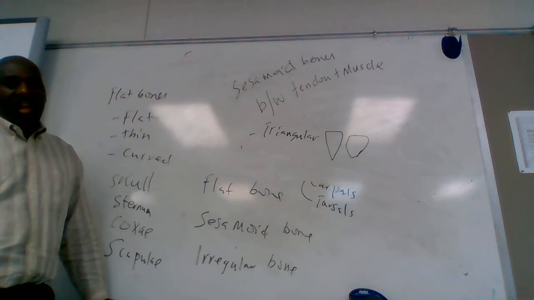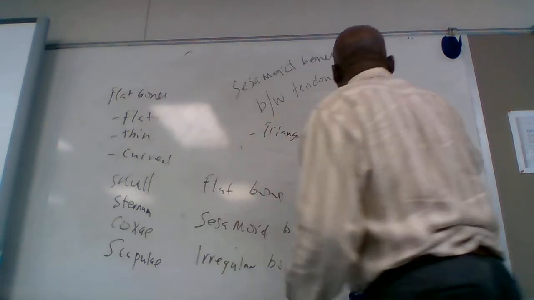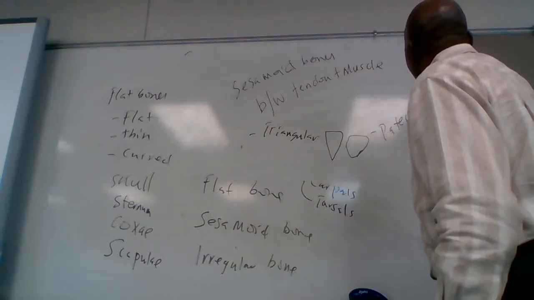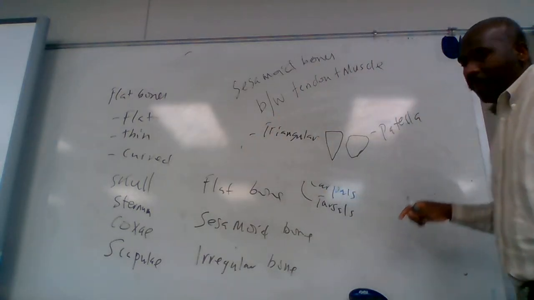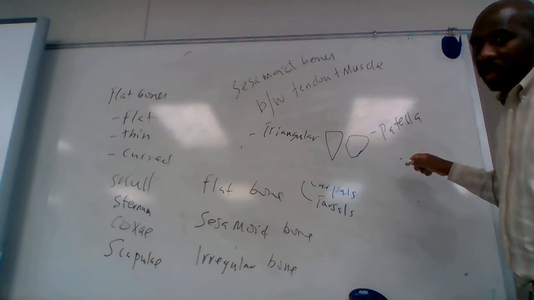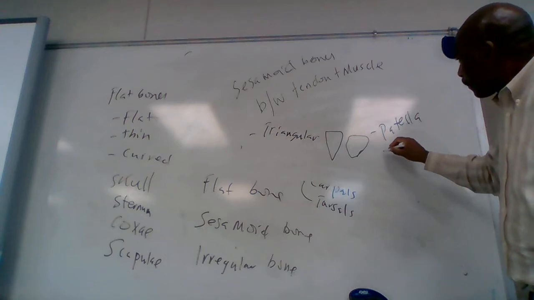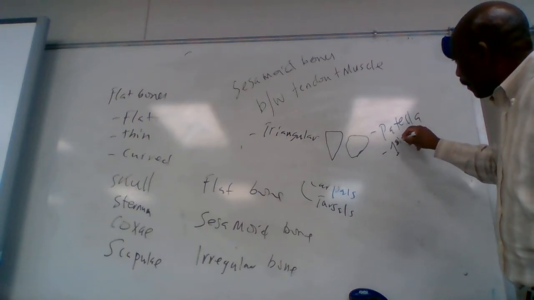So where do we have sesamoid bones in our bodies? The patella, which is commonly called the kneecap. Then we also have the first metacarpals.